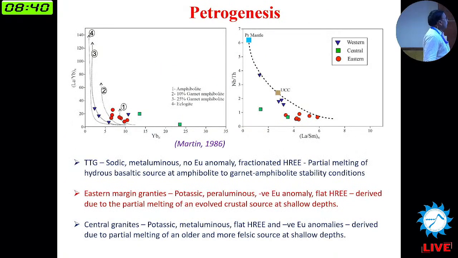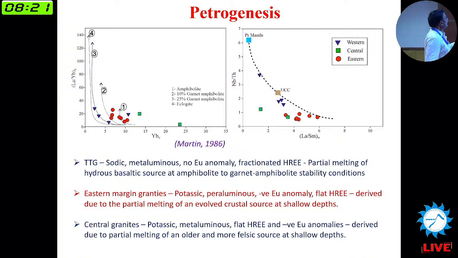So when we plotted, as we discussed, this TTG is more sodic and also metaluminous as shown earlier, and there is no europium anomaly. They show fractionated REE patterns. Apart from that, in Martin's diagram, lanthanum versus terbium, basically this REE plot depicts the REE fractionation and depth of melting features.